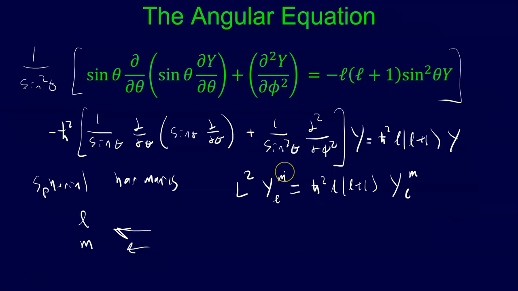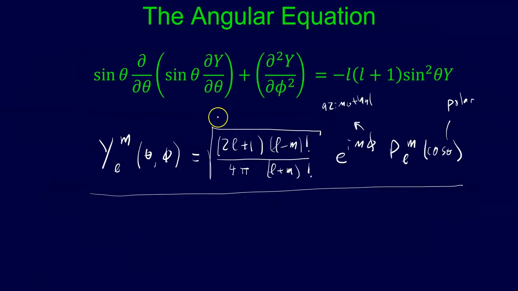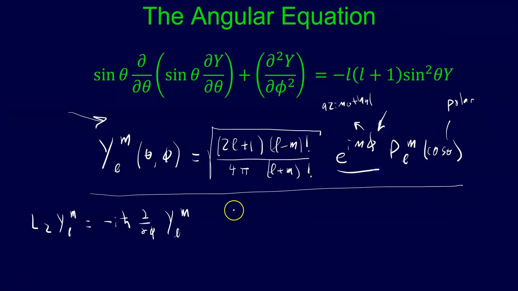One last thing we can do: this again is our angular equation. Way back in the day, we described this as the functional form of these spherical harmonics. And now we can take our new LZ operator and attack it on one of these. Our LZ operator, just look back a little bit in this video, was this here. If I look at this form, the only thing that has a phi is this little exponential piece here.